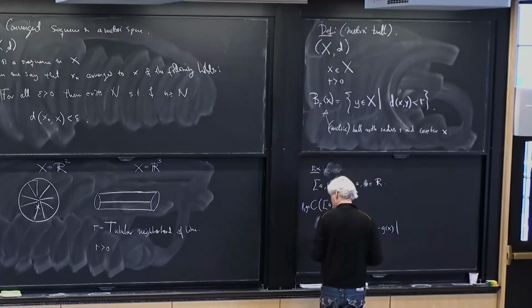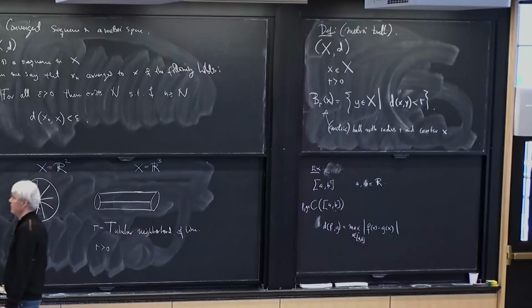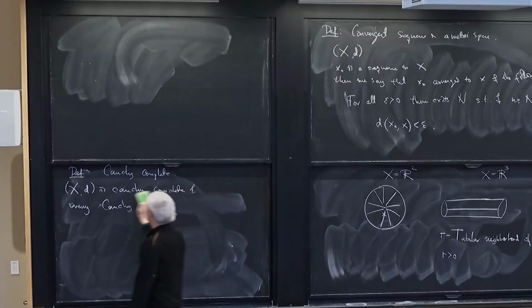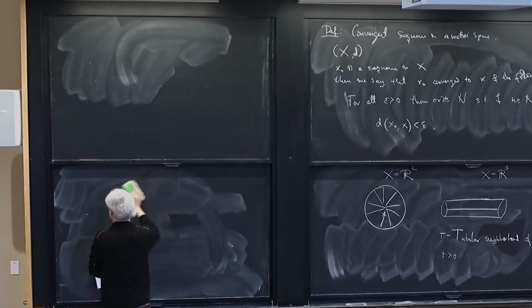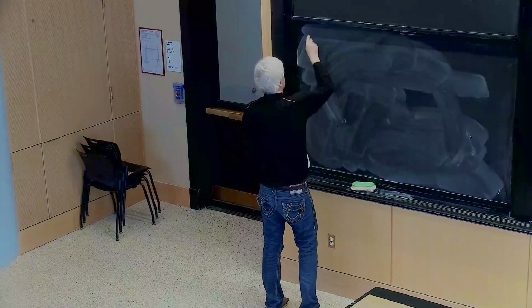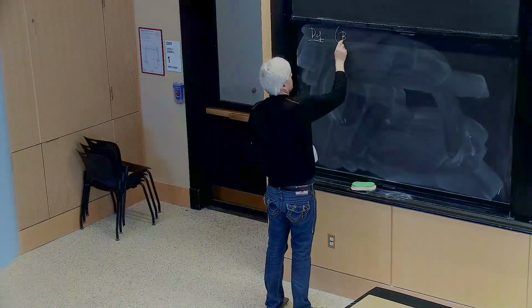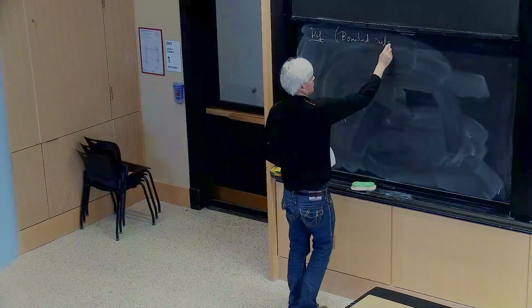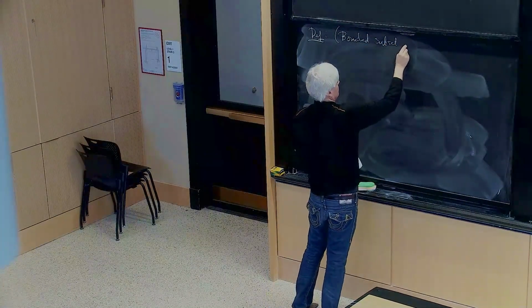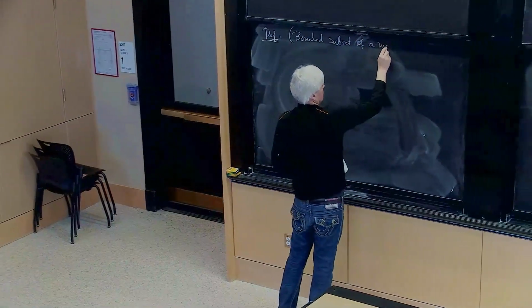Then there's the notion of a subset of a metric space being bounded. So there's another definition: a bounded subset of a metric space.